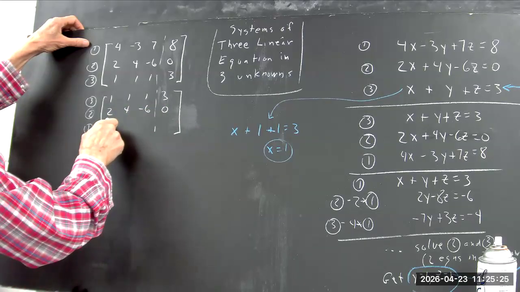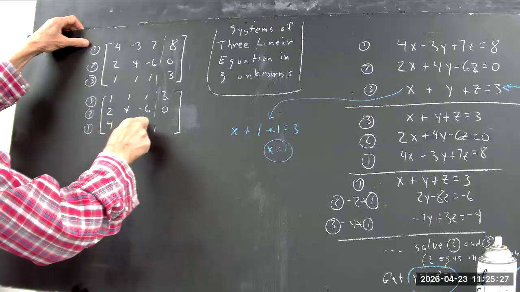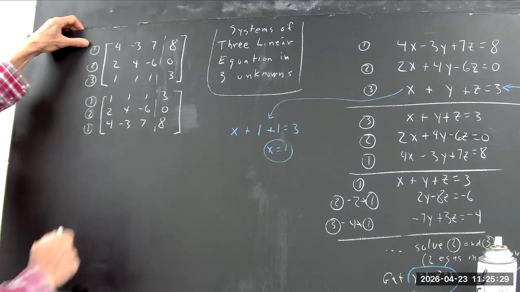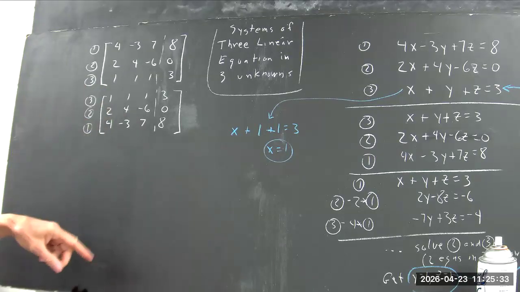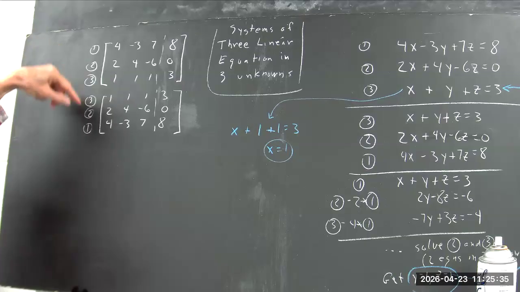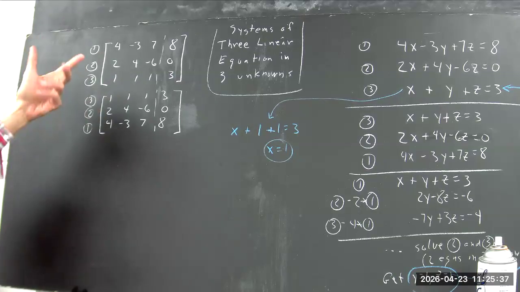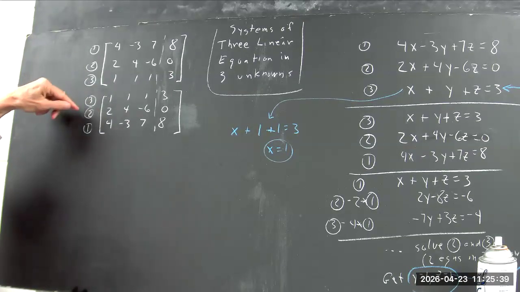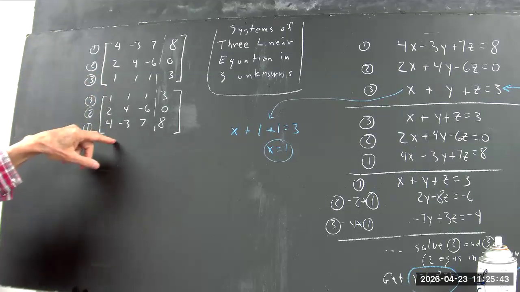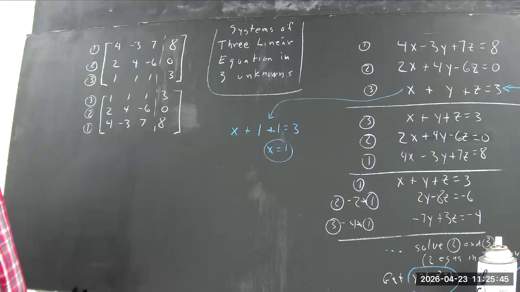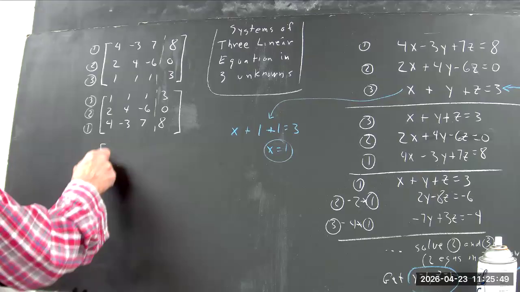And the first row, 4, -3, 7, 8. So the previous third row becomes the first row. The previous second row stays the second row actually. And the previous first row becomes the third row. And now we do identical steps.